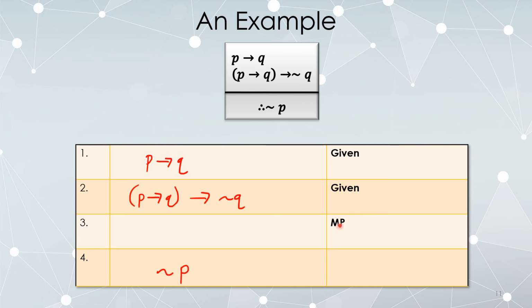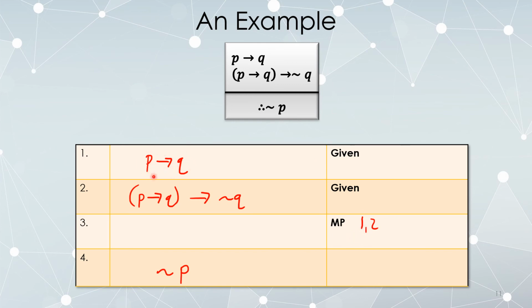Let's take a look at line 3. The supposed justification we're going to use is modus ponens. Modus ponens must refer to two lines, and they have to already exist. So if line 3 refers to two different lines, it had better be lines 1 and 2. So I'm going to combine lines 1 and 2 using modus ponens. Now modus ponens refers to a conditional statement and its hypothesis. Could line 1 be the conditional statement?